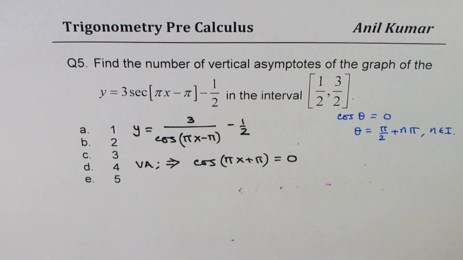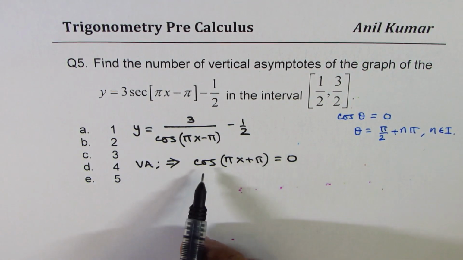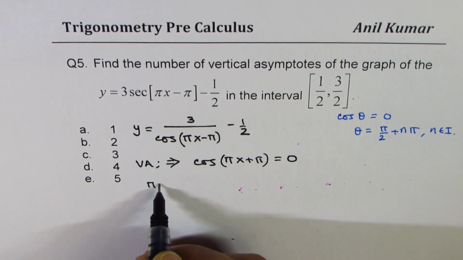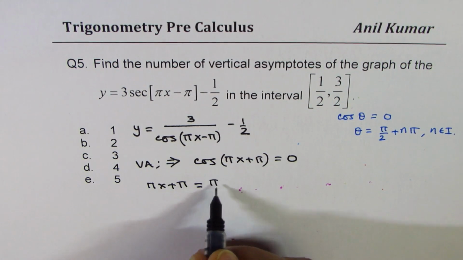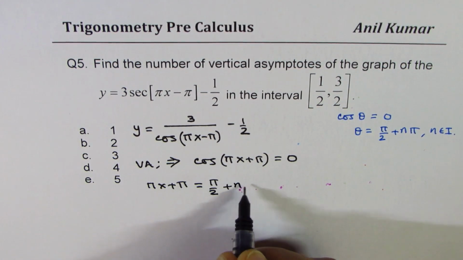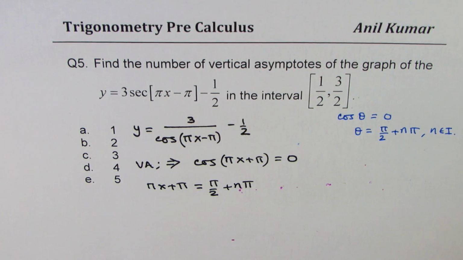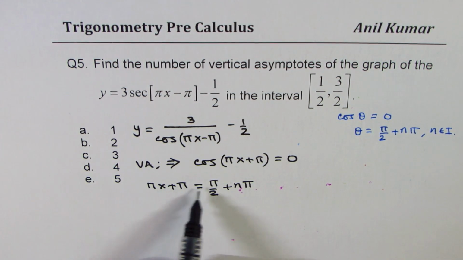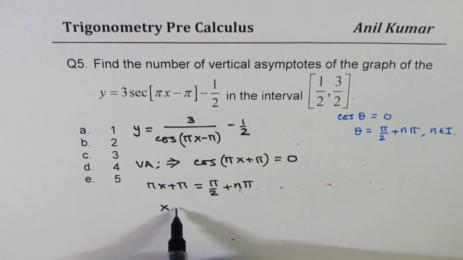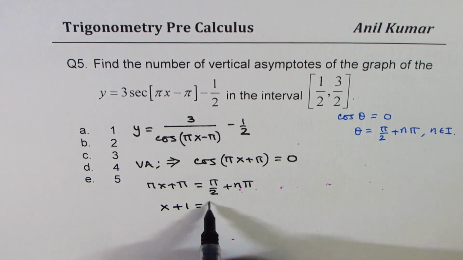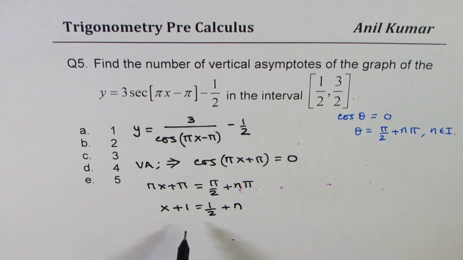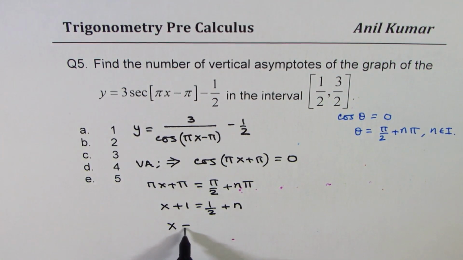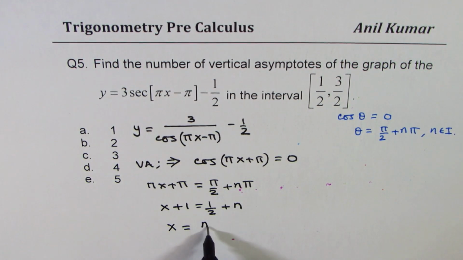So from here we can say that for this being 0, pi x plus pi should be equal to pi by 2 plus n pi. Is that clear? Now we can just divide by pi, so we get x plus 1 equals half plus n, or x is equal to, taking 1 to this side, n minus half, right?